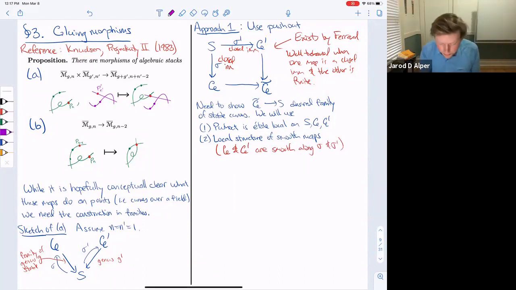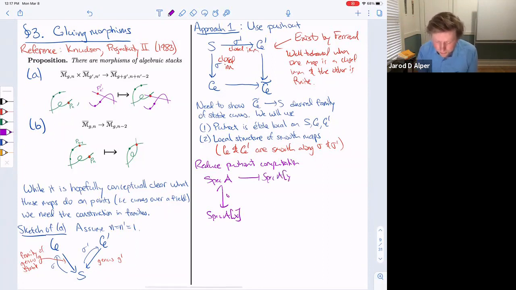What that tells you is it reduces the pushout computation, using the local structure of smooth maps, to the case where you're gluing in the 0 section. So here A would be your base S, and we need to compute this pushout, where sigma and sigma prime equal 0. And in the affine case, the pushout is just the fiber product of the rings.